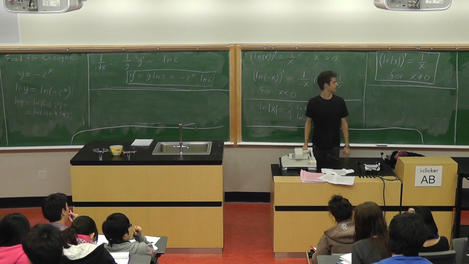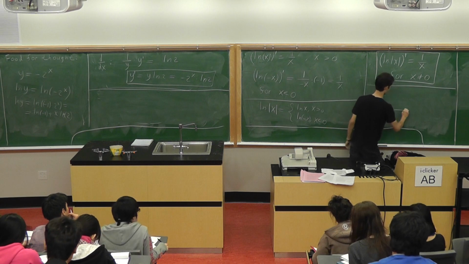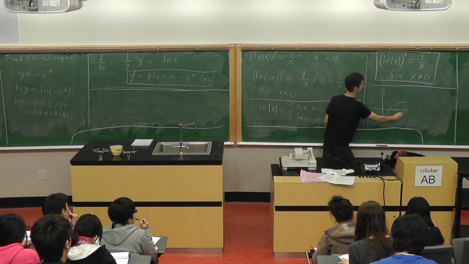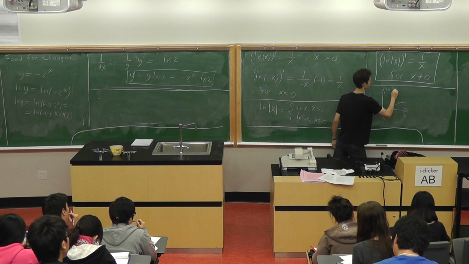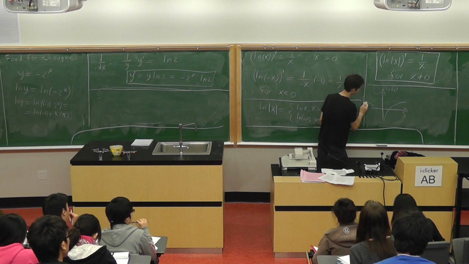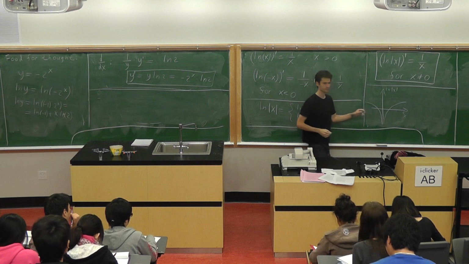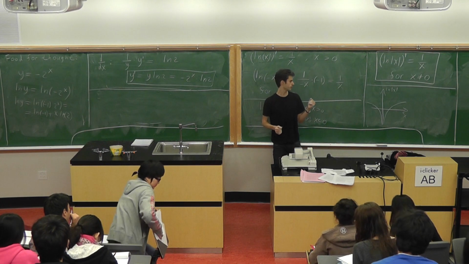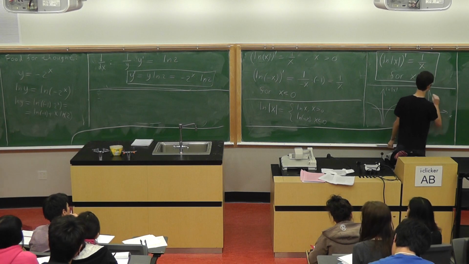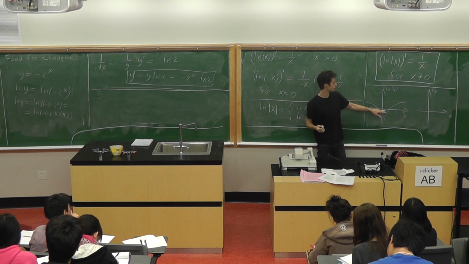Let me sketch this function. It's the usual logarithm when x is positive, and it is ln of minus x when x is negative, so it looks like a reflection of the same thing. And the derivative has the properties that you would expect.